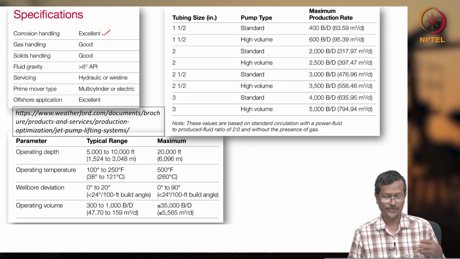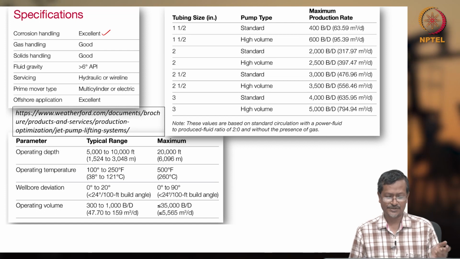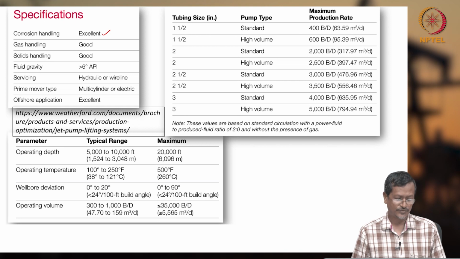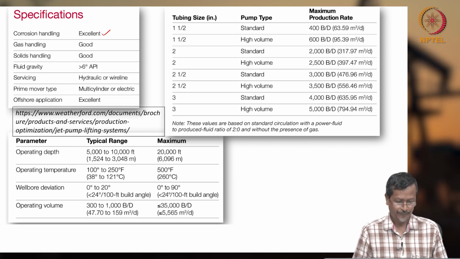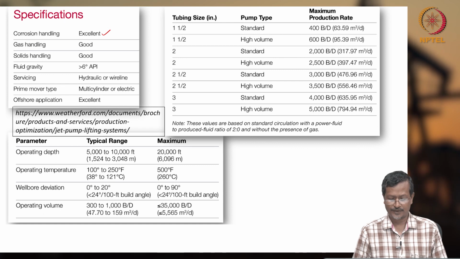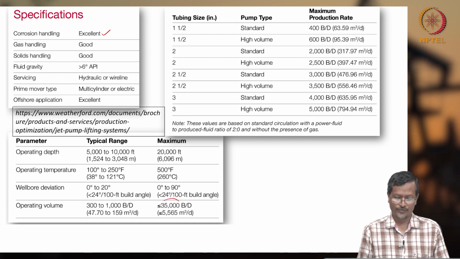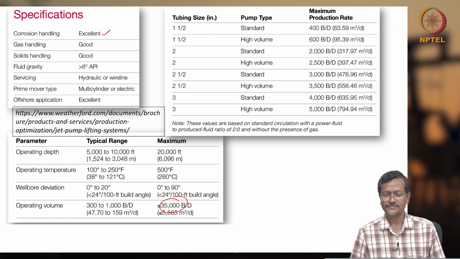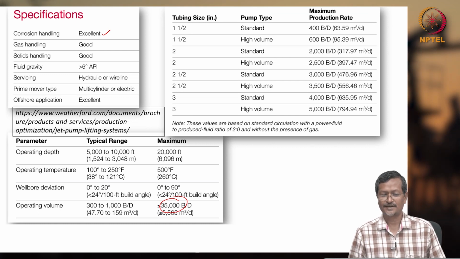So high temperature is no issue: at 260 degrees centigrade, you can safely use it in HPHT, high pressure high temperature wellbores. Operating volume is 300 to 1000 barrels per day and can go up to 35,000 barrels per day, a huge volume. Tubing size can go from 1.5 inch to 3 inch.